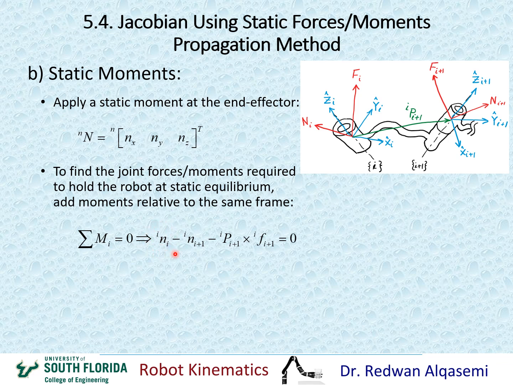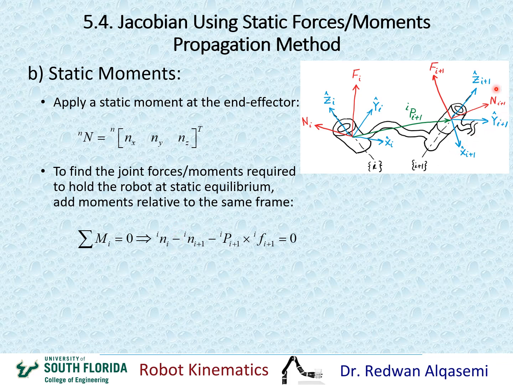And then we have a moment n of i plus 1 in reference to i. And again, remember this moment here is the moment acting on i plus 1 due to i. And what I need is the moments acting on i due to i plus 1. So we need to reverse the sign of this and make it negative here.